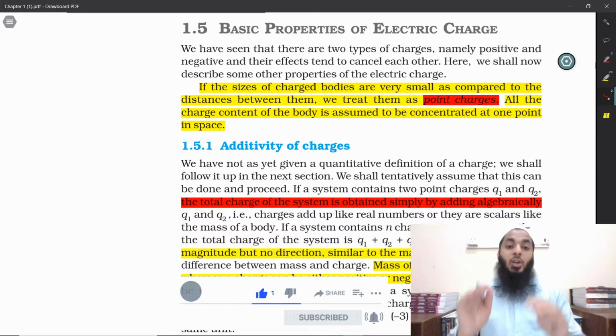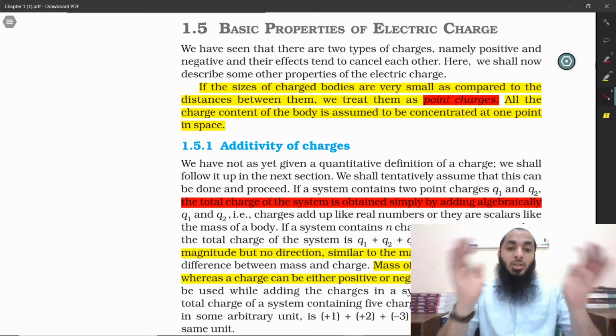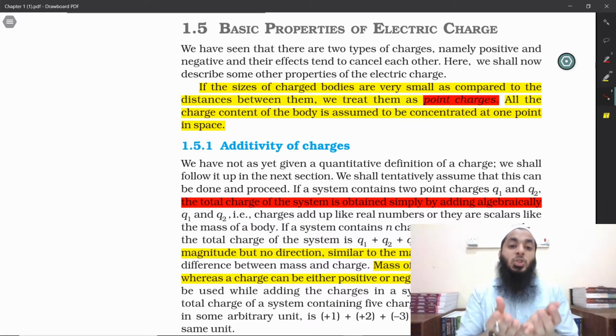That means the dimensions of the charged body must be small compared to the distance between the two charged bodies. If the size of the charged body is large compared to the distance between the two charged bodies, then we cannot treat them as point charges and we cannot talk about center of charges. But in case of masses, we can consider center of mass in such a case also.